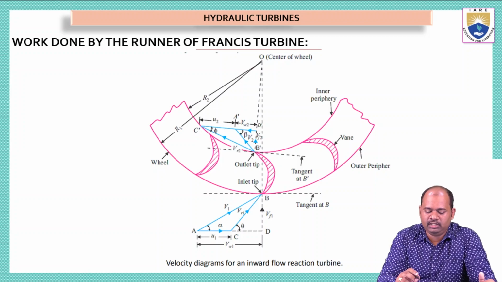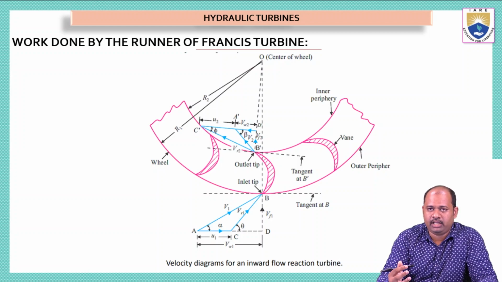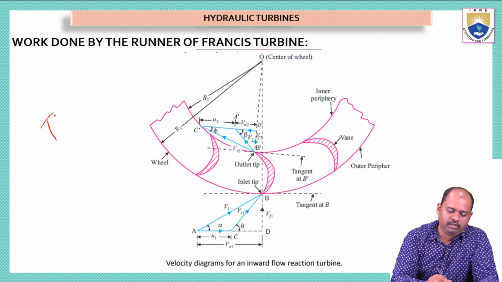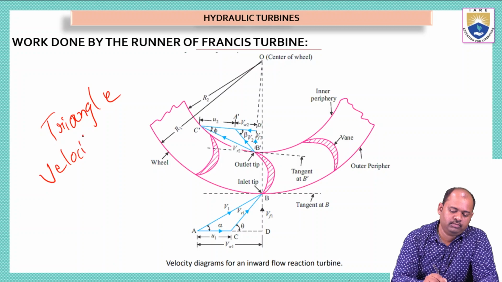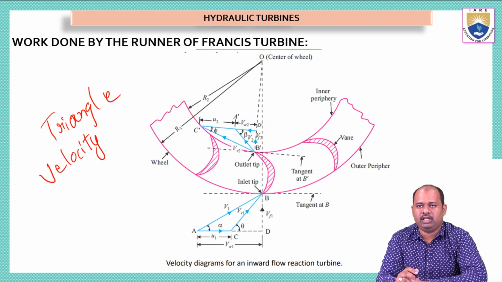Now we will see with this figure, we can actually draw a triangular figure, that is equilateral triangle. This is also called as velocity triangle. If we draw the velocity triangle of the Francis turbine, this will look like this.